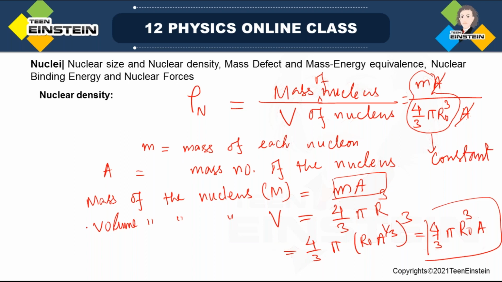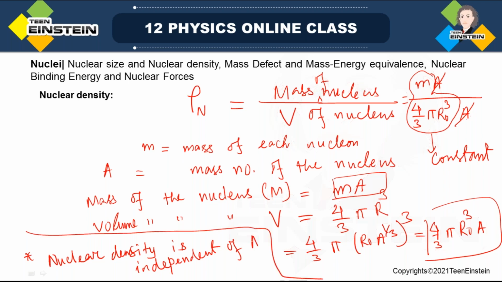So what does this mean? Nuclear density is independent of A, that is, the size of the nucleus.